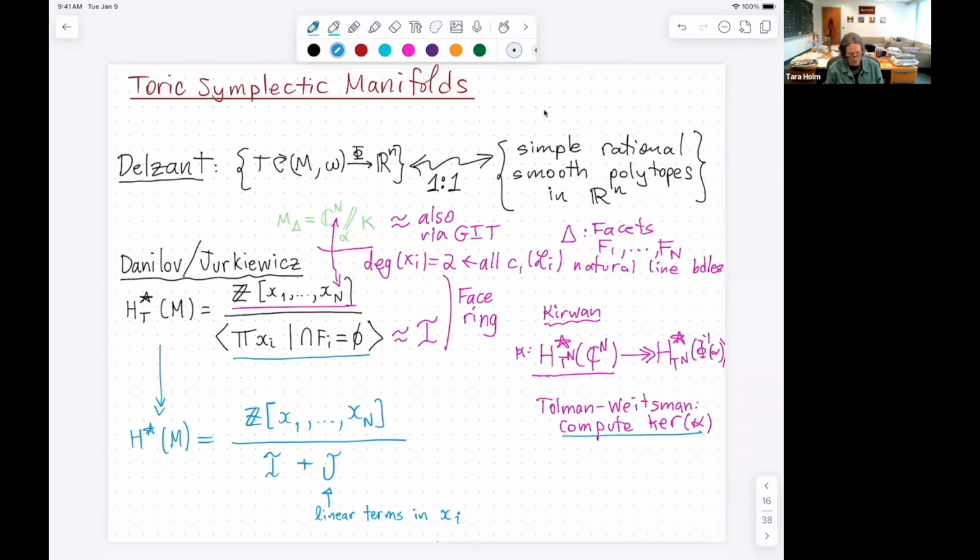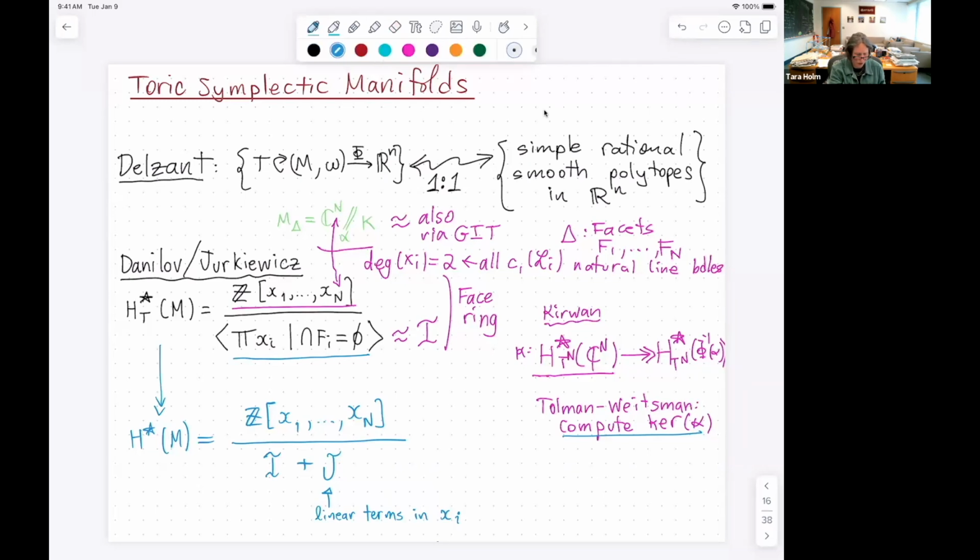Okay, so that's a symplectic view on this. A lot is known about the algebraic structure of equivariant cohomology rings for Hamiltonian torus actions. In particular, there's a surjection from equivariant cohomology to ordinary, and the kernel just consists of linear terms in I.